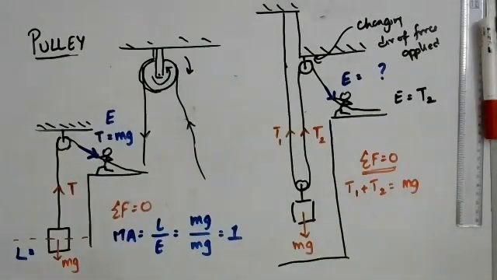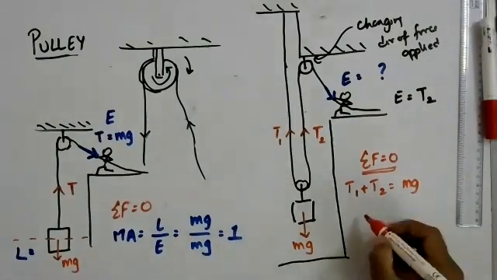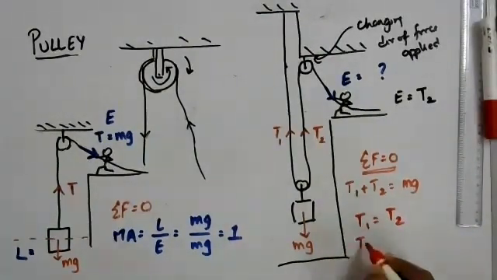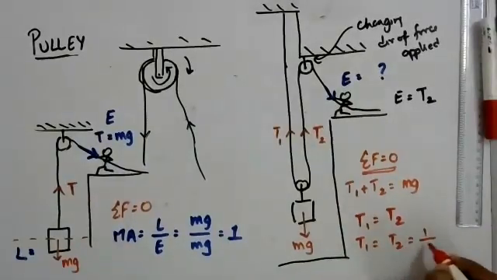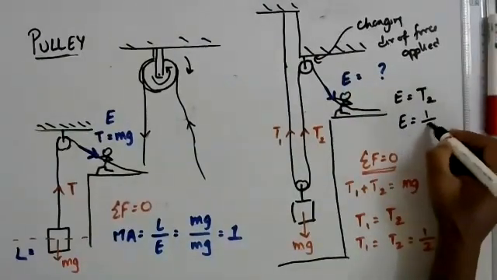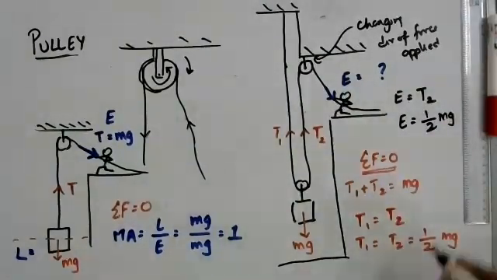And since they are acting straight upwards, T1 has to be equal to T2, therefore T1 is equal to T2 is equal to 1 by 2 mg. Okay, and then finally, since E is equal to T2, therefore the effort should be equal to half of mg. So from this you get that.